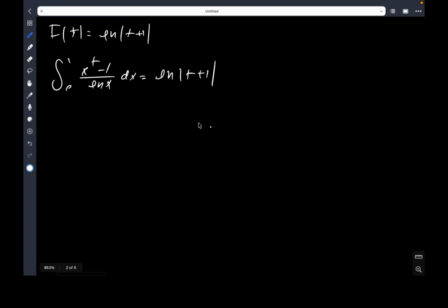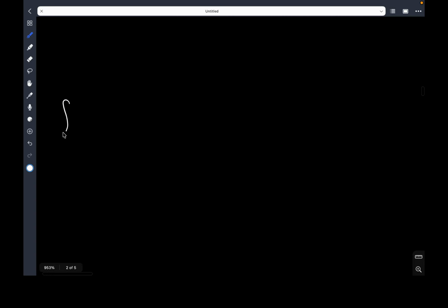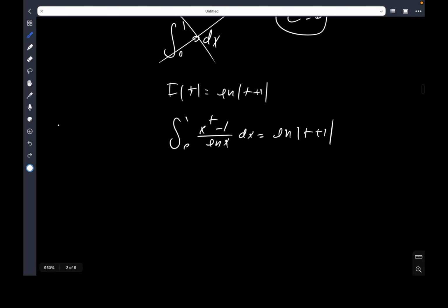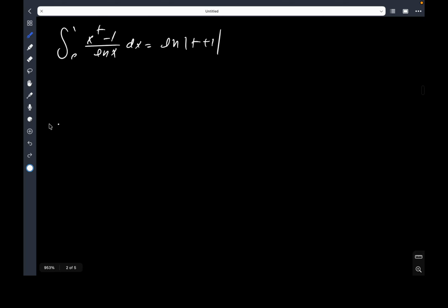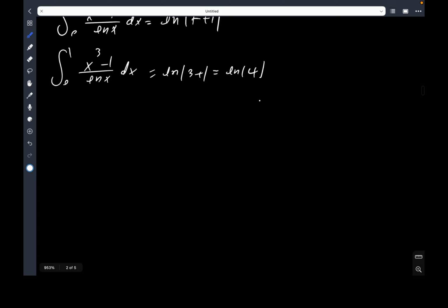And notice that I wanted to find the integral from 0 to 1 of x to the 3 minus 1 over ln x dx. If I put 3 for t, it's going to be ln of 3 plus 1, which is ln of 4. Thus, we found that the integral from 0 to 1 of x to the 3 minus 1 over ln x dx equals natural log of 4.